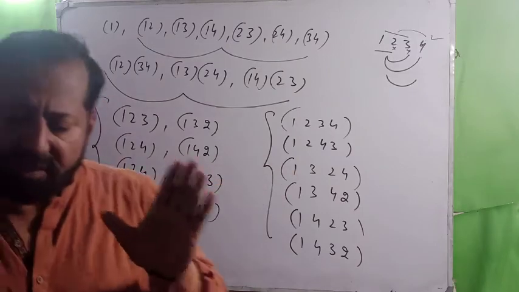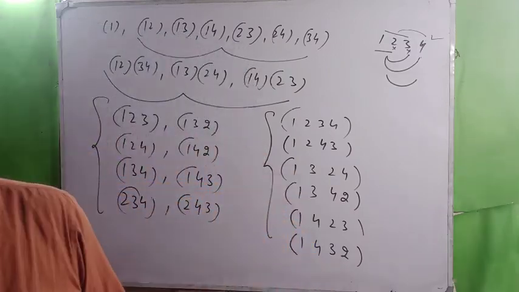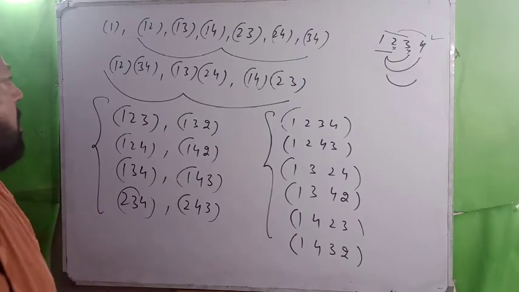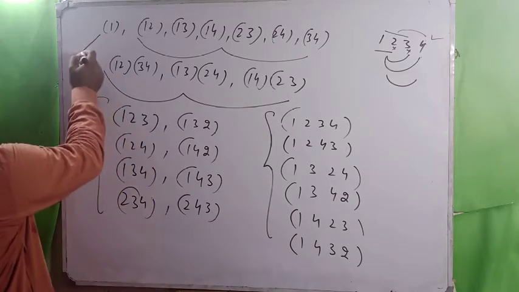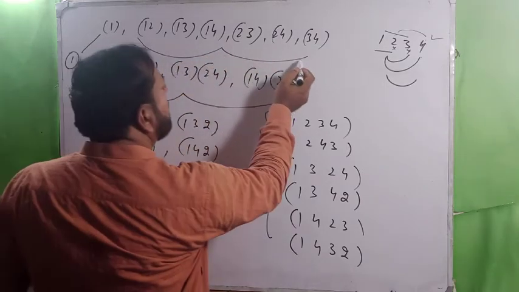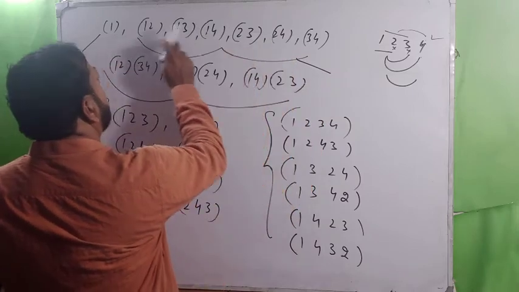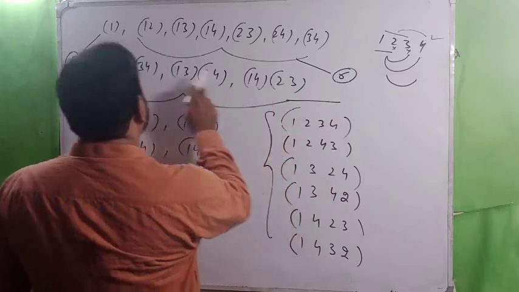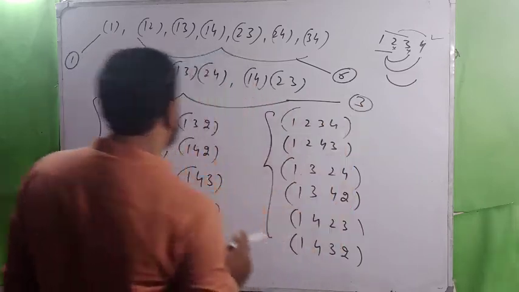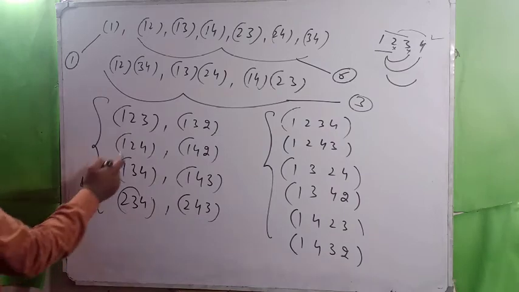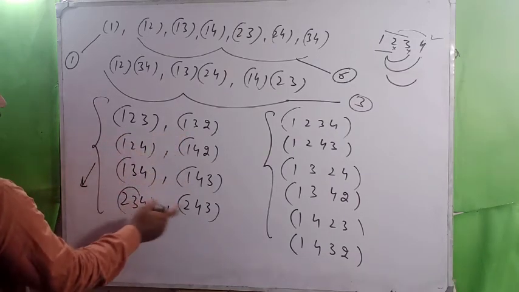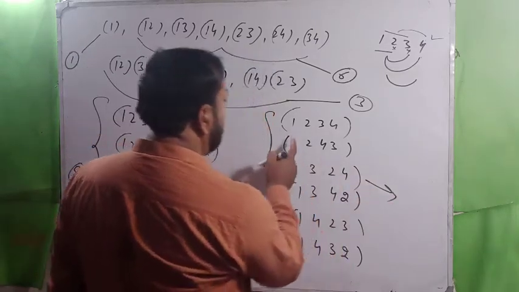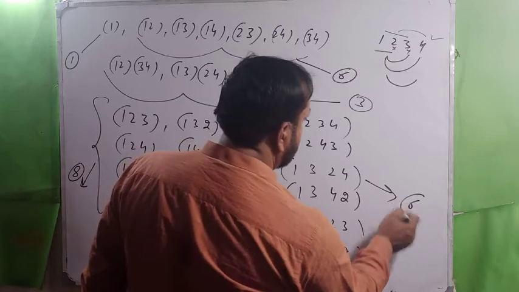So S4 has 5 conjugacy classes, and you see that in this conjugacy class you have 1 element. In this one you have 6 elements. In this one, 3 elements. In this one, 8 elements. And in this one, 6 elements.